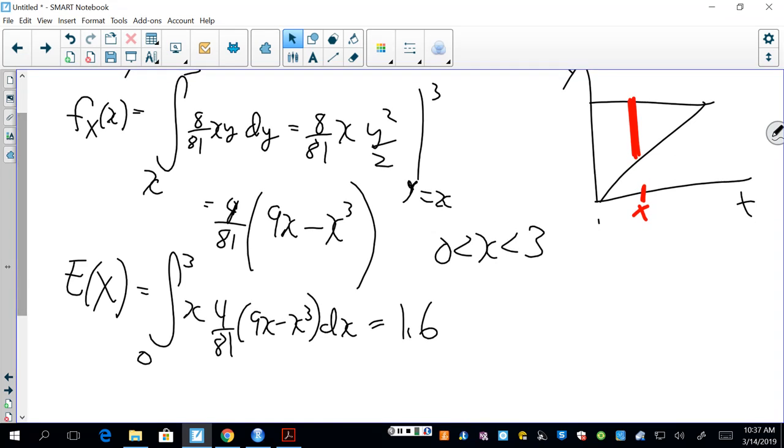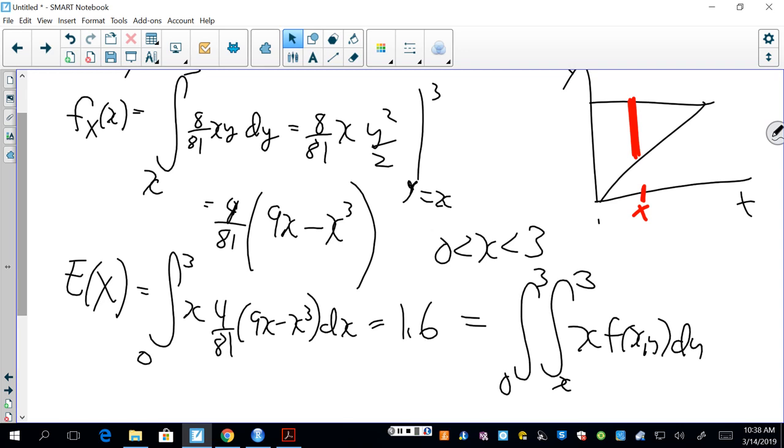Instead of having that there, you could take this function and just stick it right there. And then it would be like a double integral. This is equivalent to it, x going from 0 to 3, and then this thing going up to 3 of x, f of x, y, dy, dx. So you could write it as a double integral.